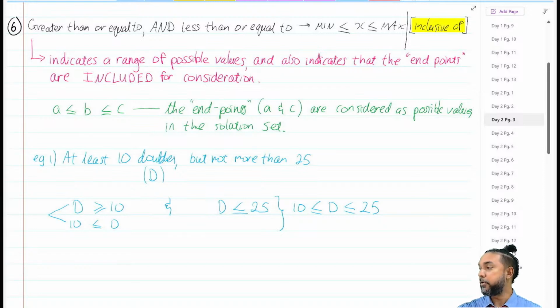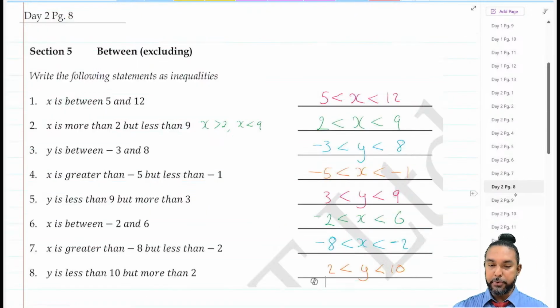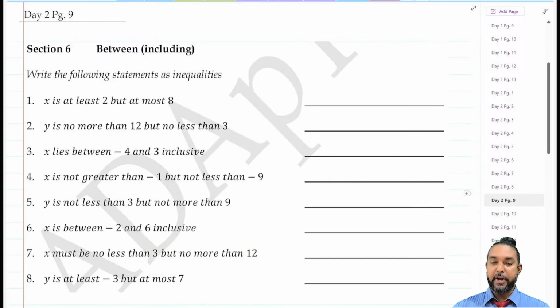Right, so we go into the last section, section 6 on the handout. Write the following statements as inequalities.